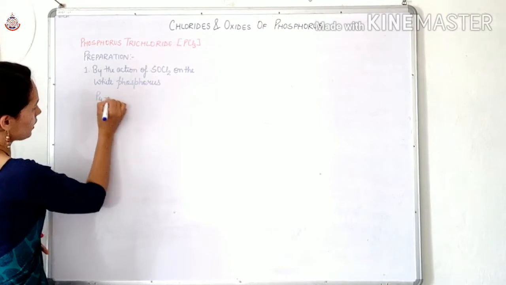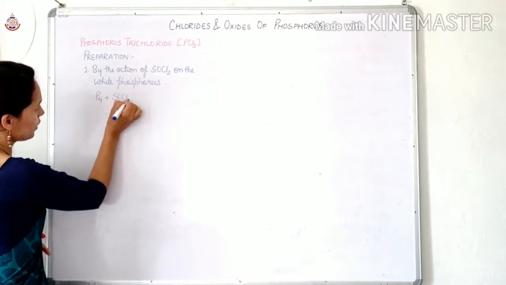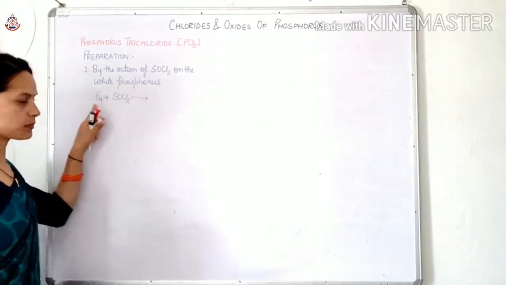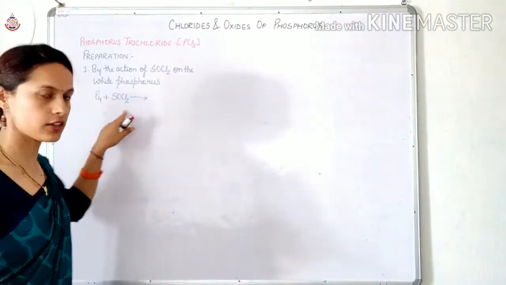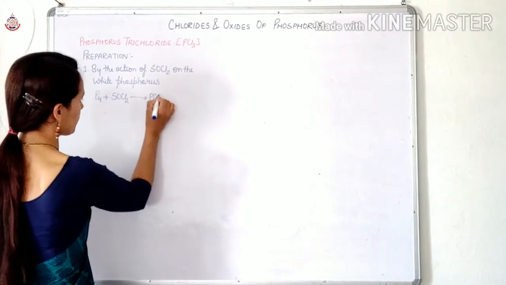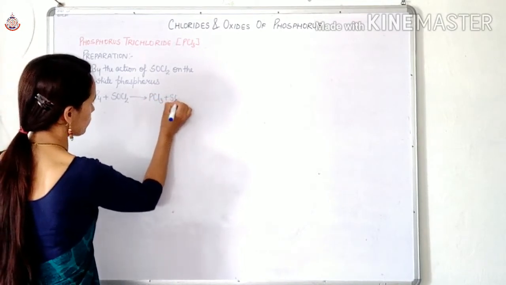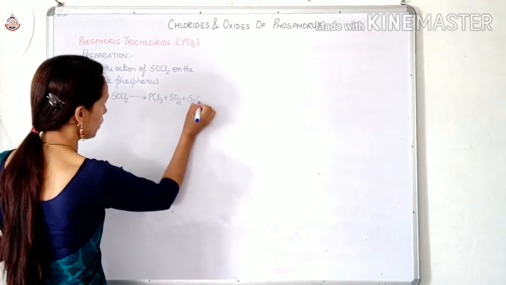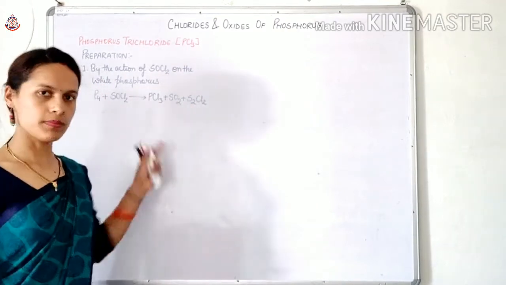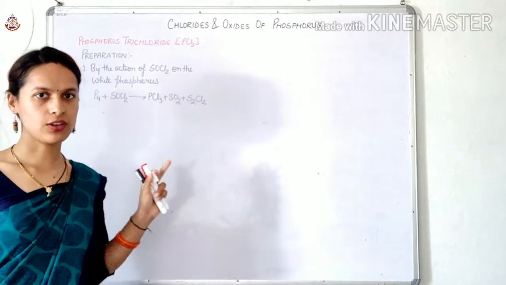Reaction: P4 plus SOCl2 gives PCl3 plus SO2 plus S2Cl2. P4 is the white phosphorus, SOCl2 is thionyl chloride. Now balance the reaction on your own.